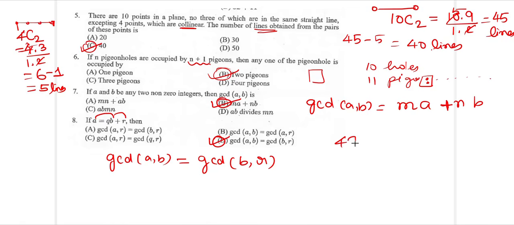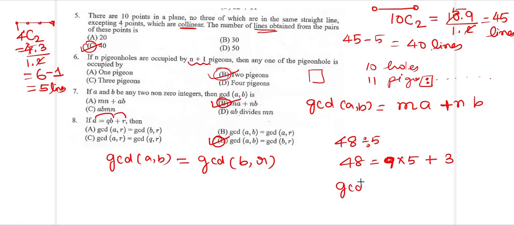Suppose you have a number 48 and I am going to divide it by 5. How many times does 5 go into 48? It goes 9 times, which is 45, and 45 means 46, 47, 48, it leaves a remainder 3.